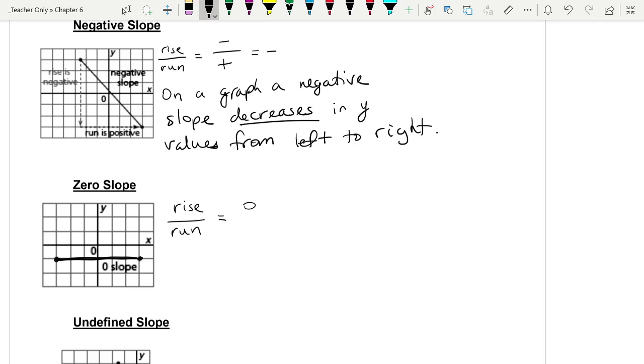So the top of this fraction is 0. Now the bottom of this fraction, let's count it. 1, 2, 3, 4, 5, 6. But really, does it matter how far it is? What's 0 divided by any number, whether it's 6 or a billion? Yeah, 0 divided by anything is, of course, 0. So the slope of a horizontal line is 0.